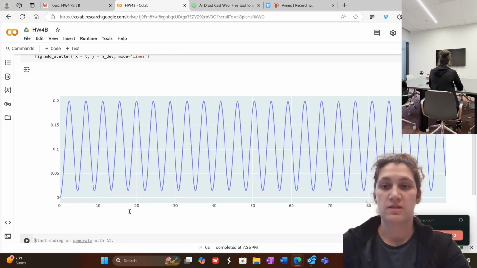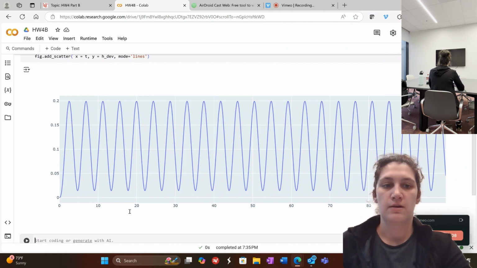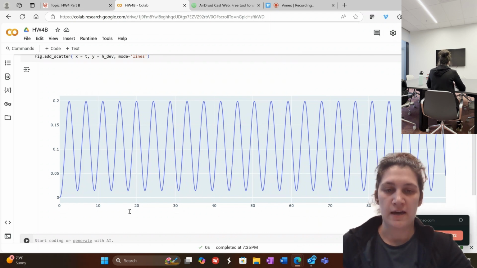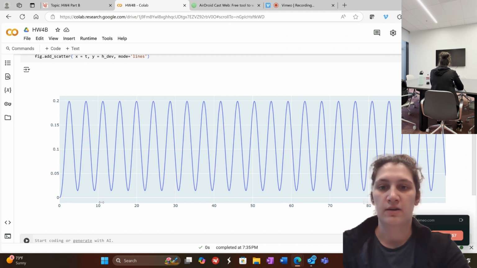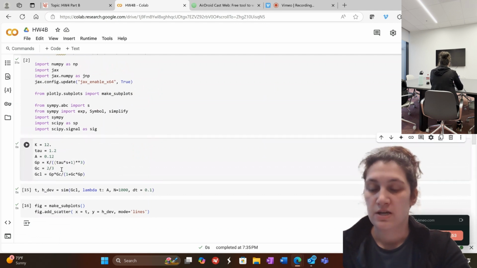There we go. We can see our oscillations, and we know that we are at the max Kc value since our oscillations are all equal in size. They're not growing and they're not dying out. But to really prove that this is our max value, we can go ahead and increase this Gc since it's equal to Kc.